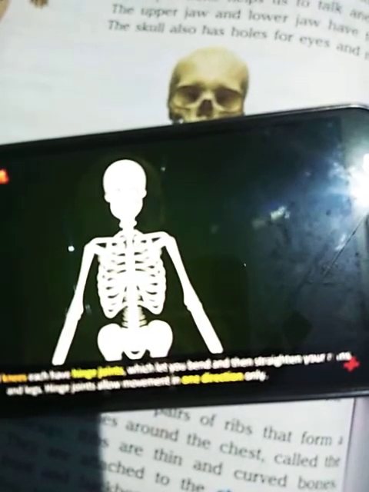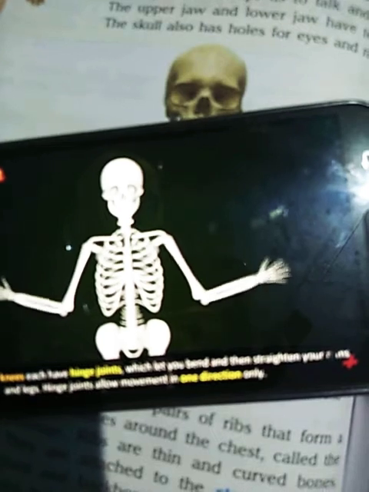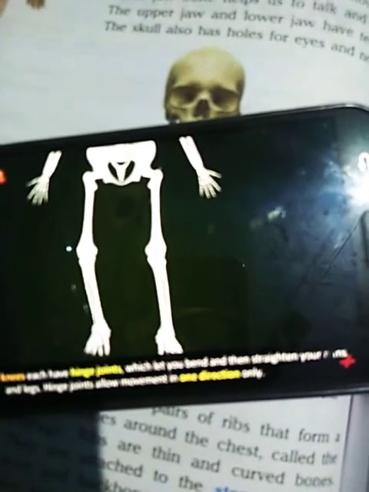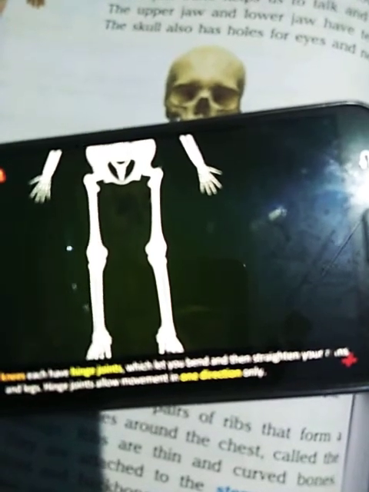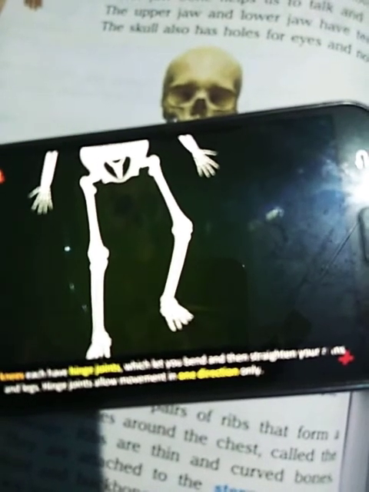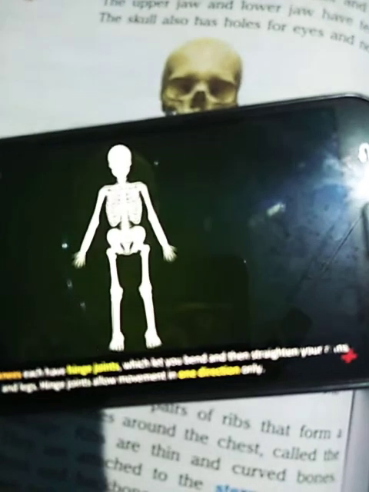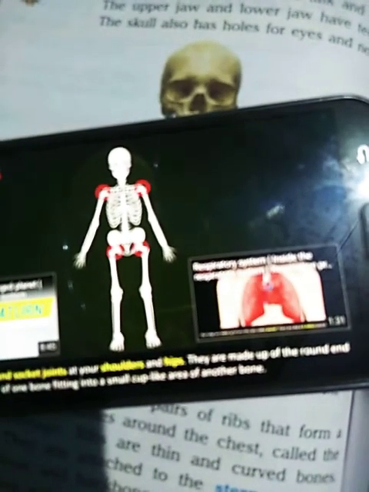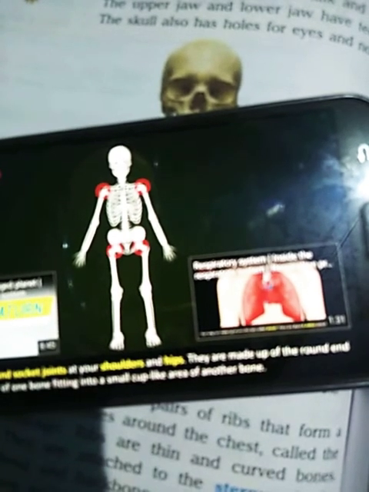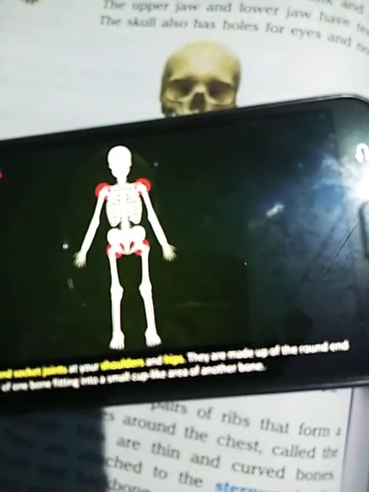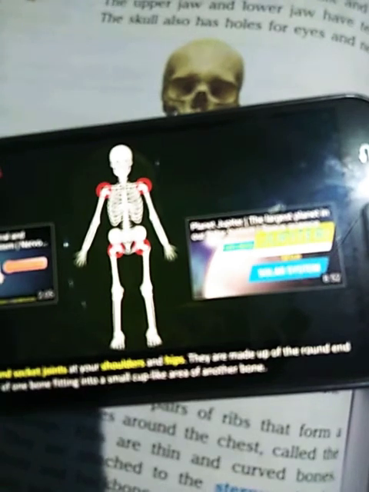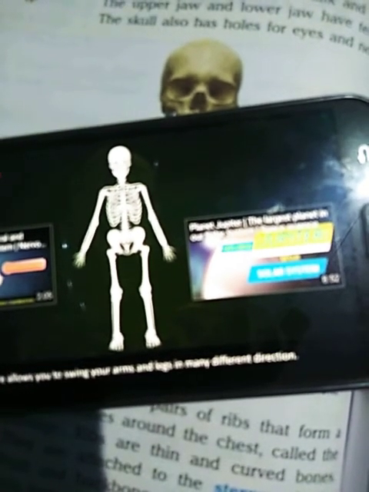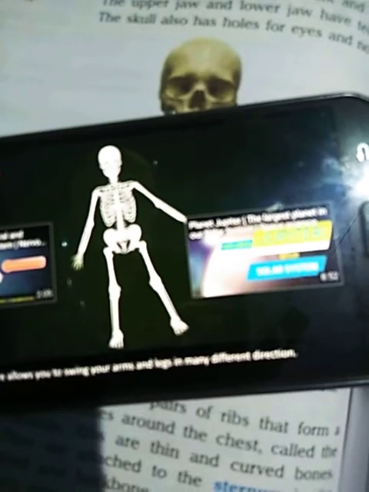Your elbows and knees each have hinge joints, which let you bend and then straighten your arms and legs. Hinge joints allow movement in one direction only. You can find ball and socket joints at your shoulders and hips. They are made up of the round end of one bone fitting into a small cup-like area of another bone. They allows you to swing your arms and legs in many different directions.